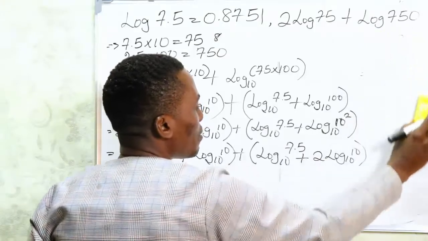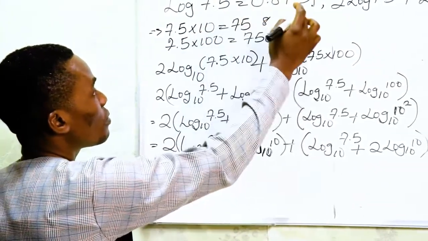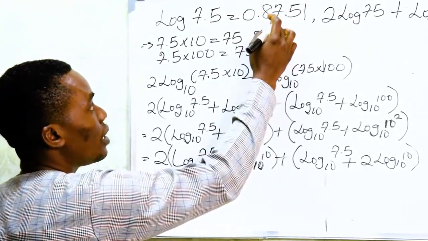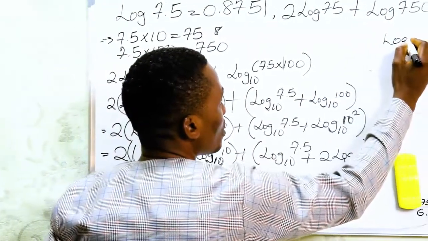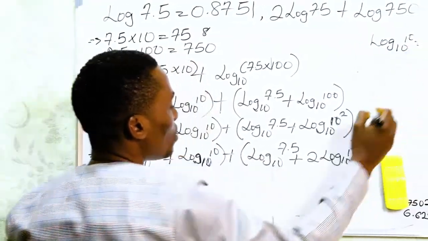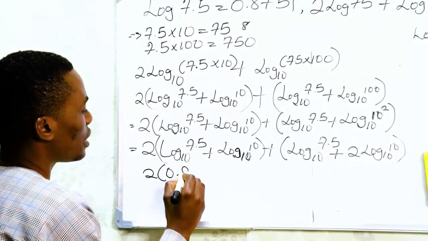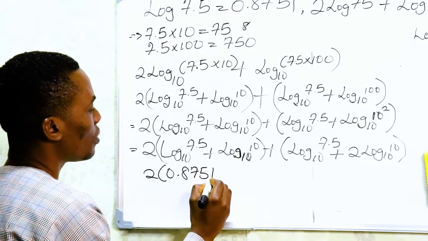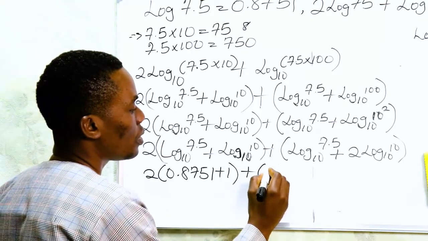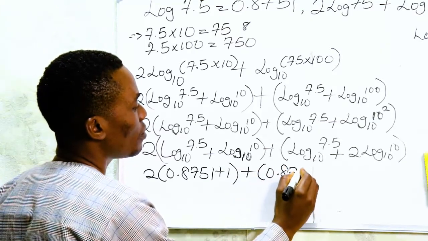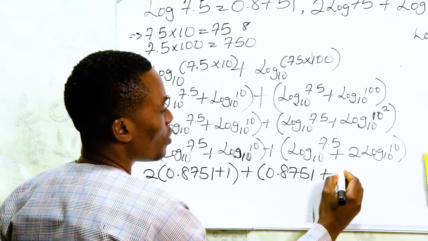Now if we simplify that further, we know that log 7.5 is equal to 0.8751, and log of 10 base 10 is equal to 1. So simplifying further, we'll have 2 times (0.8751 plus 1), plus 0.8751 plus 2 times 1, that will give us 2.